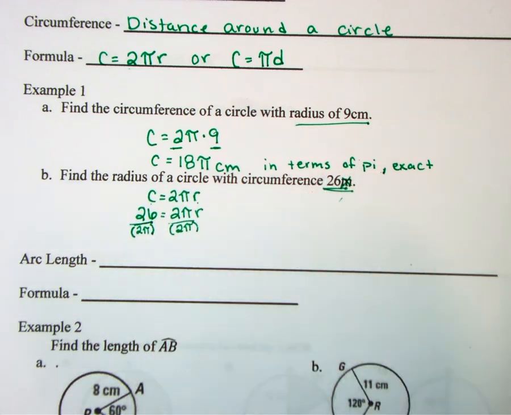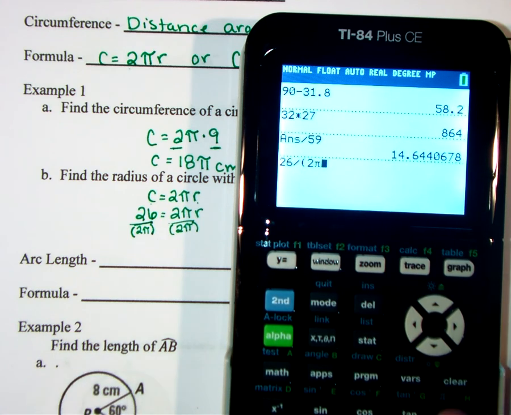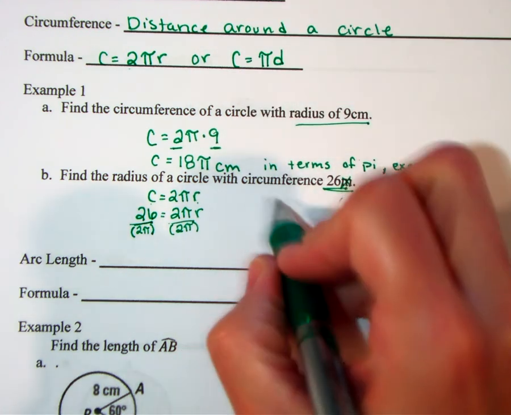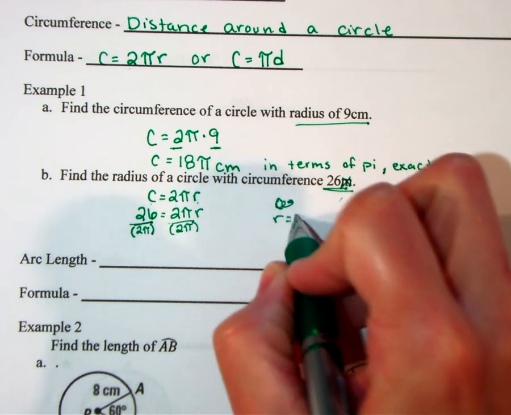So 26 divided by parentheses 2 pi is 4.14. Radius equals 4.14.